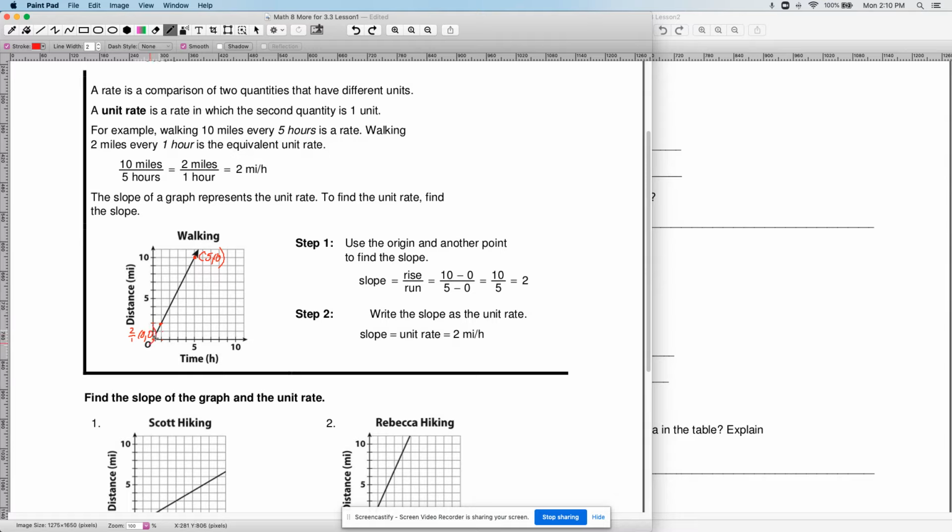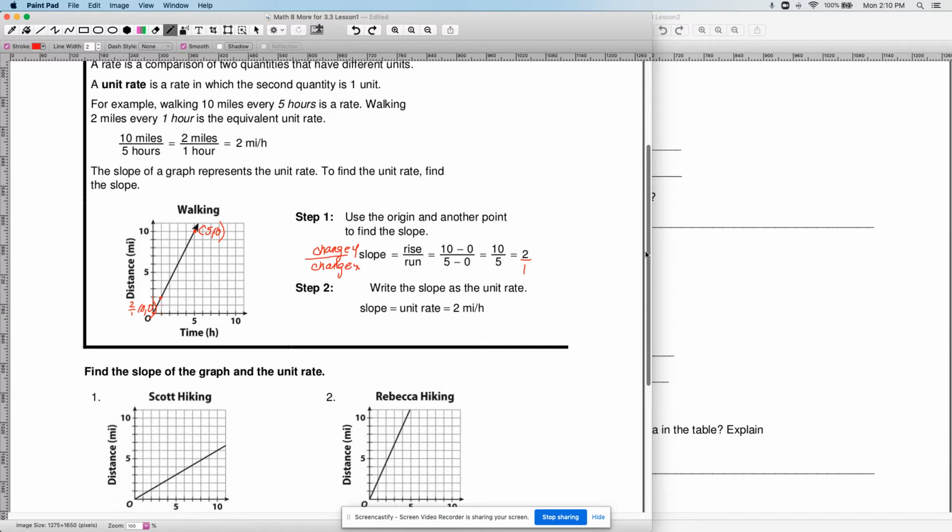And those are the points they're using to take the difference, the change in y over the change in x. Okay, and that will tell us slope. It's the same as rise over run. 10 minus 0 is 10, 5 minus 0 is 5. You reduce, you get 2, or 2 over 1. And then, so 2 over 1 might be the slope, and then they say write the slope as a unit rate. Well, that's 2 miles per hour.